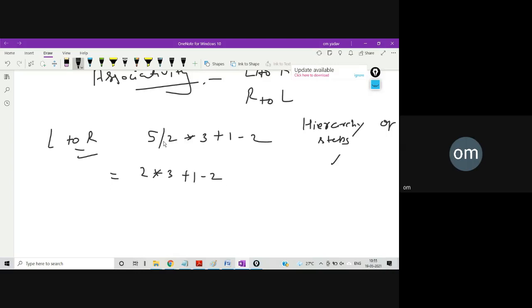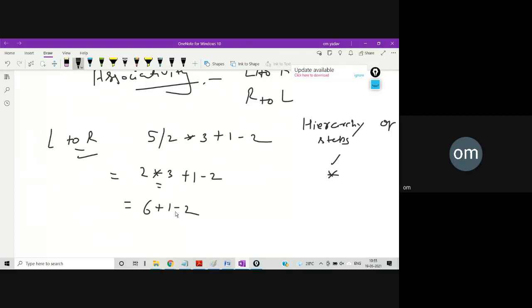Don't try to solve in one single step. You need to show each and every step, and we are showing the hierarchy of each and every step. Now the next step will be what? It will take the multiplication, because plus and minus have lower precedence. So 6 plus 1 minus 2. Now out of these two, plus and minus, again the problem, because the precedence level of plus and minus is the same.